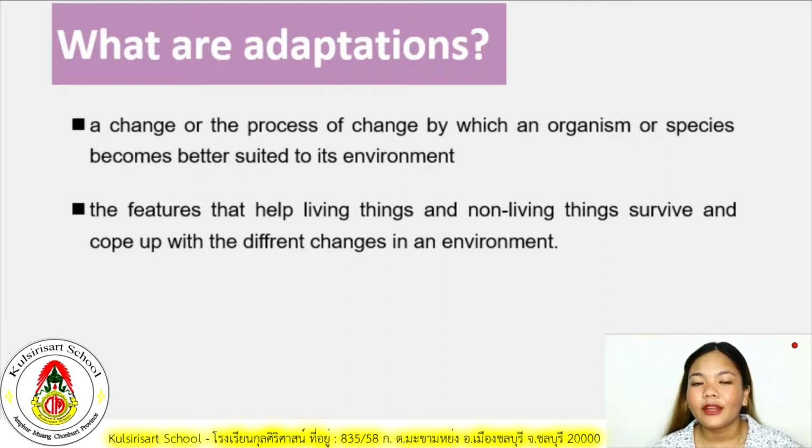So remember in our previous topic about living things in the environment, we discussed the different five factors in an environment, namely water, air, soil, temperature, and all of that. All of these factors are changing factors, meaning they are not constant and they will change over time.